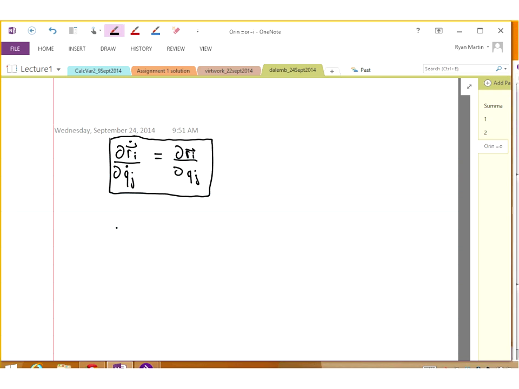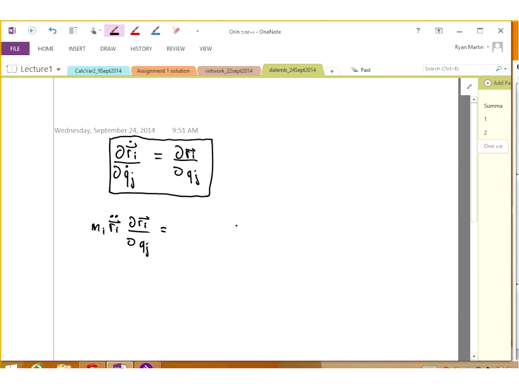So the equation that we had before is that m_i r_i double dot ∂r_i/∂q_j. That's the term that's true for each j, right?